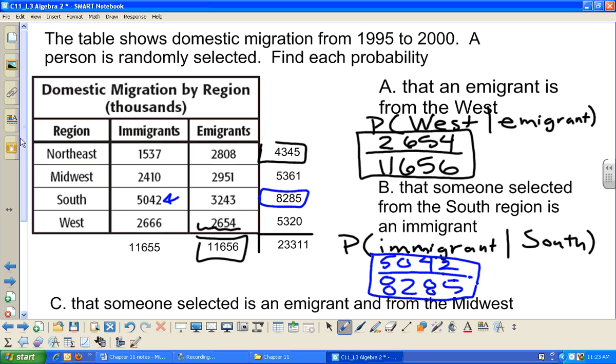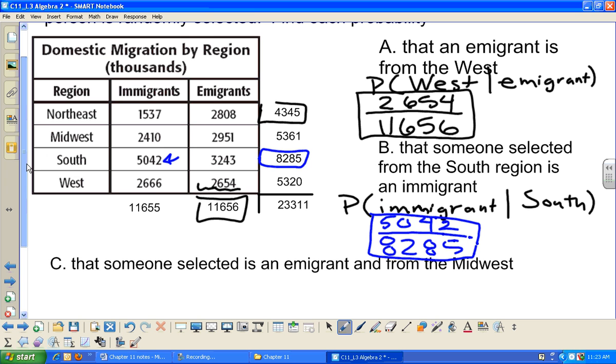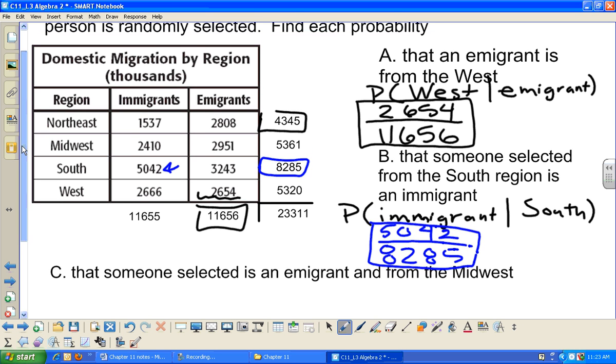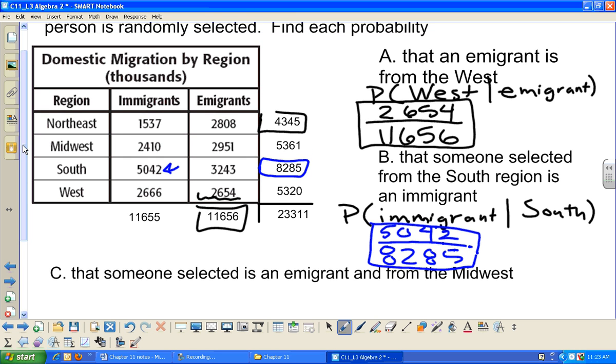Now my next statement says, someone selected is an immigrant and from the Midwest. My first two problems that I did, pay attention to where the word is comes in the sentence. The is in between the two topics we're talking about for both A and B. For C, the is in front of the two topics.